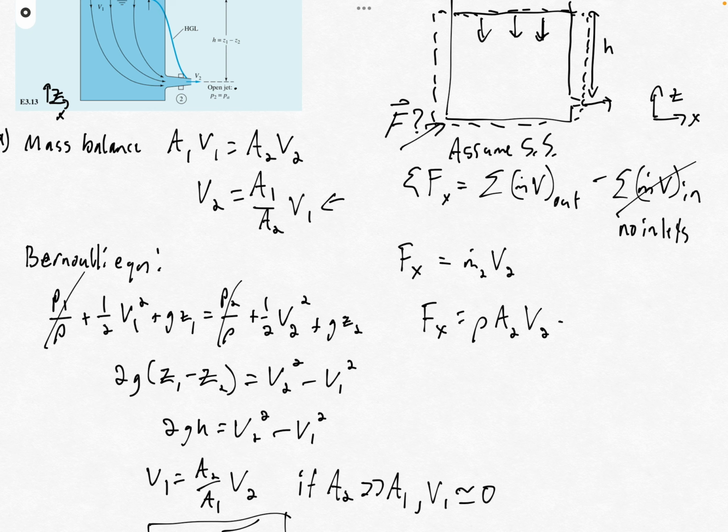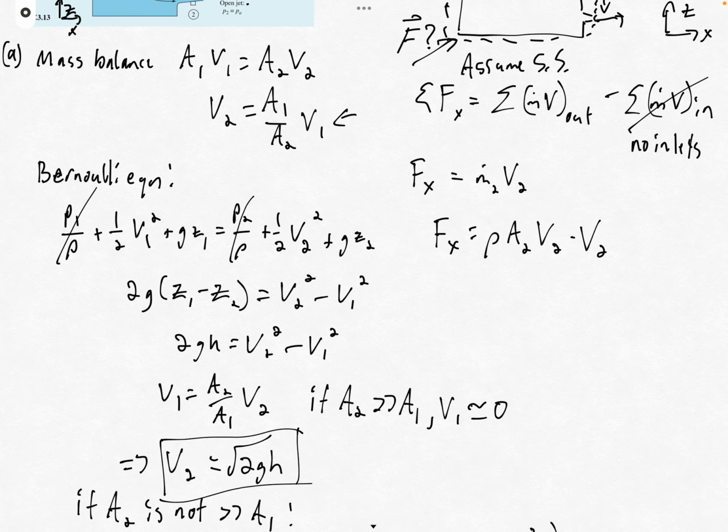That's just our m dot times V2 to account for the momentum flux. And we're going to assume that A2 is much smaller than A1.